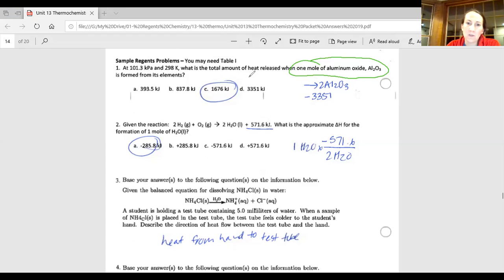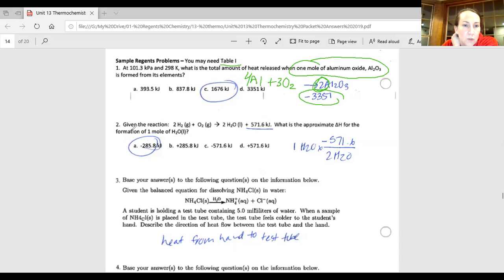So that means you need to go into your formula, into table I, and look for where it says Al plus O2 yields Al2O3. And it'll have a 4, and it'll have a 3. The value for that is negative 3,351, but that's for 2 moles of aluminum oxide. So basically, to figure out your answer, you just need to divide that.